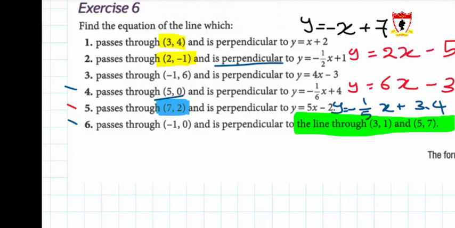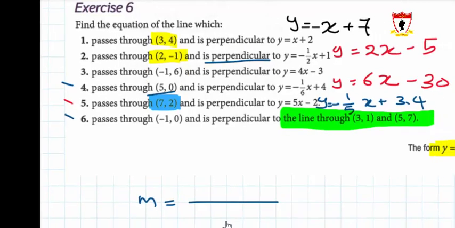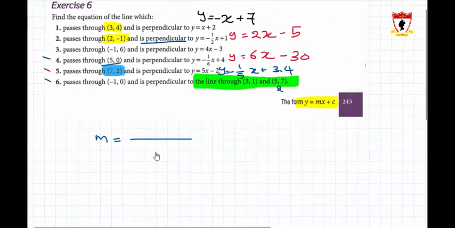The first one is the gradient of the equation, and the second one is the value of c, because we follow this form, y equals mx plus c. Okay, then we know how to find gradient when 2 points are given. We studied this. M is equal to, let's call these ones y2 and x2, these ones x1 and y1.